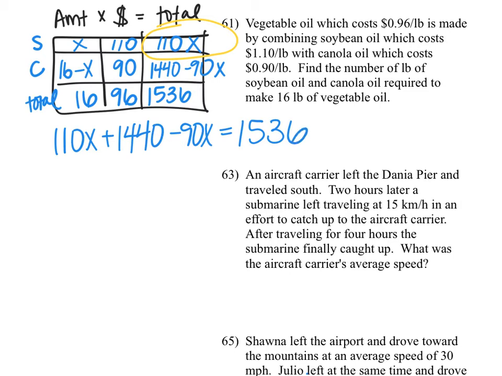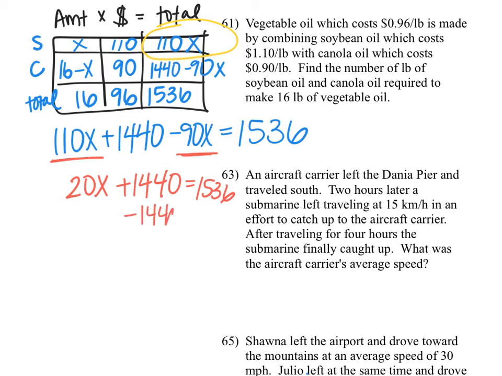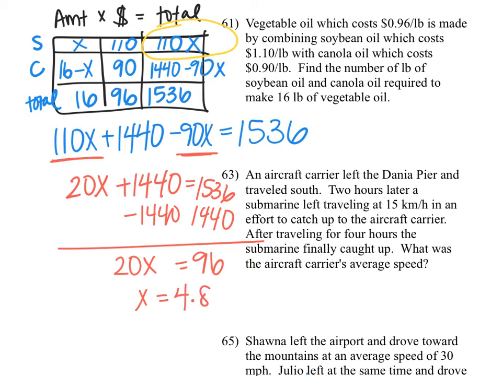I can now combine like terms. So 110x minus 90x is 20x, plus 1440 equals 1536. And 1536 minus 1440 is 96. So divide by 20, you get 4.8. So x equals 4.8.